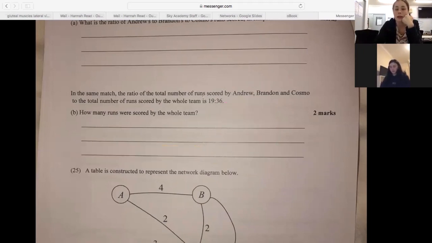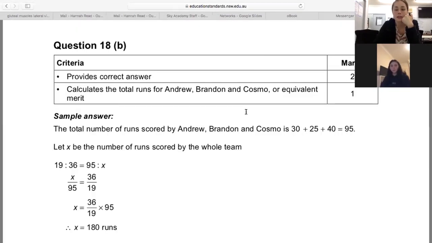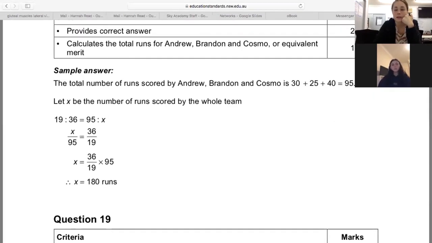Yeah. Okay. If I show you the answers from the HSC paper, it might explain it better. The total number of runs scored by Andrew, Brandon, and Cosmo was 30 plus 25 plus 40, 95. And let X be the number of runs scored by the whole team. They did 19 and 36, and then they did 95.